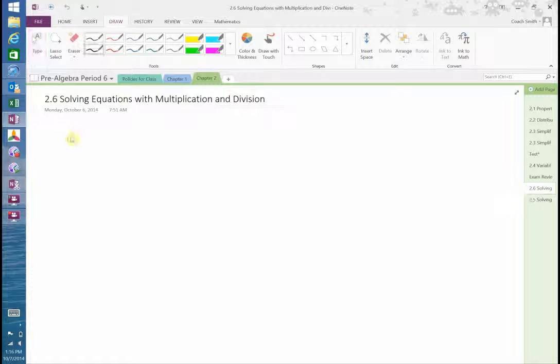Today we're looking at equations like 3x equals 27, x over 7 equals 5, and n over 62 equals negative 54. Those are examples of the different types of equations we're going to have today.